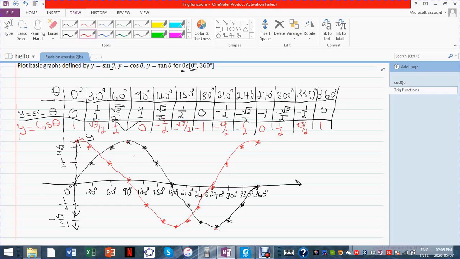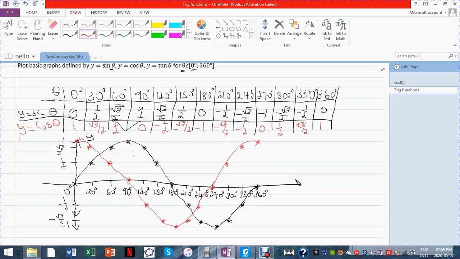So the third one is our tan graph. Unfortunately, I'm going to have to explore the tan graph on a different coordinate system, because I like to use the increment of 45 when it comes to tan. It looks rather better, but I could force it here just to compare it with this one.